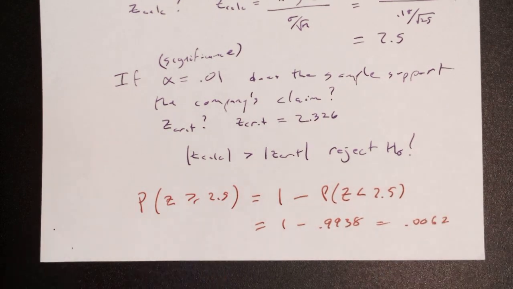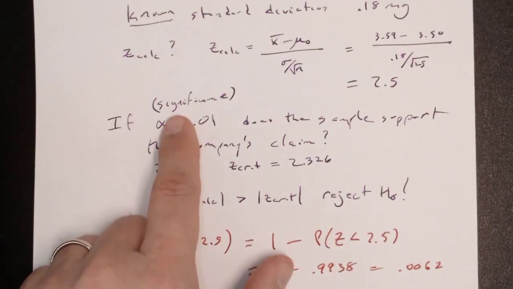But here's another way I can say I should reject the null hypothesis. What was my sensitivity level? Alpha. Let me go back and pull up my numbers. Oh, you're right, significance. I said the wrong thing. I wrote it down there, significance.